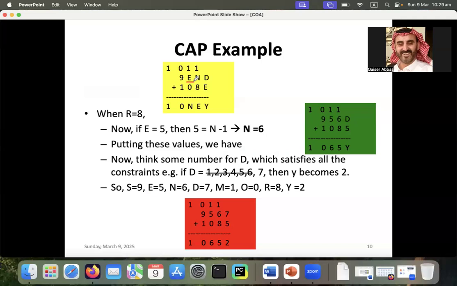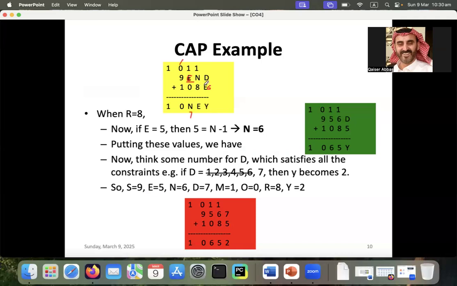Then what? You will check the next one, which is what? 6. So if I will replace this E with this 6, then 6 plus 1, it will become 7. And the carry is equal to 0 next. Okay, satisfying, up to here. And then this E will also become 6, at all places.